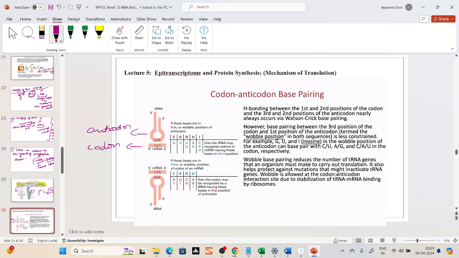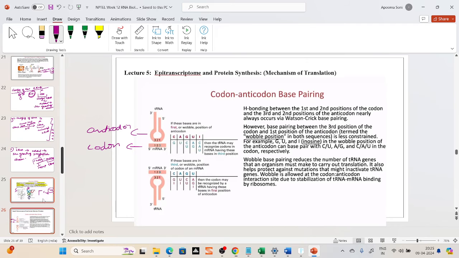However, base pairing between the third position of the codon, this is the third position, and the first position of the anticodon is a wobble position. That means these two base pairings are very strict. At third position, differences can be there. And that is why we saw that one amino acid can be coded by more than one codon, and that difference in the codon comes at the third position, which is known as a wobble base.